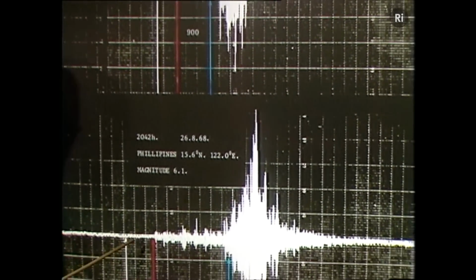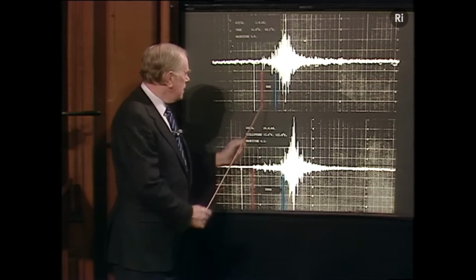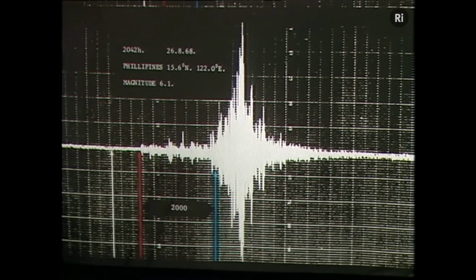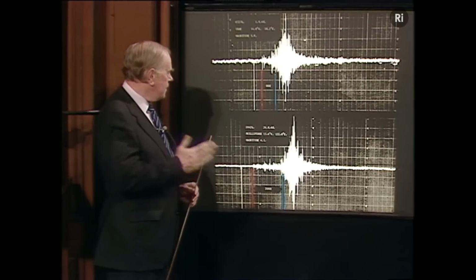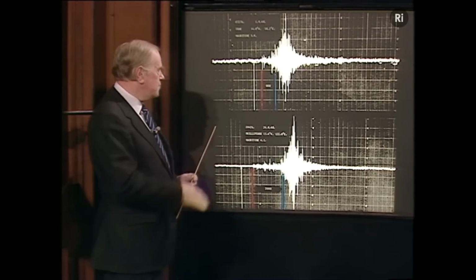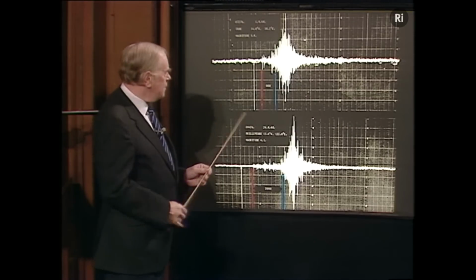And you can see that this pattern is a good deal more stretched out than that one. And in particular, the first kick in each of these is what we call the push wave, primary wave, the longitudinal push, which has come to us not through the center, but deep through the Earth.